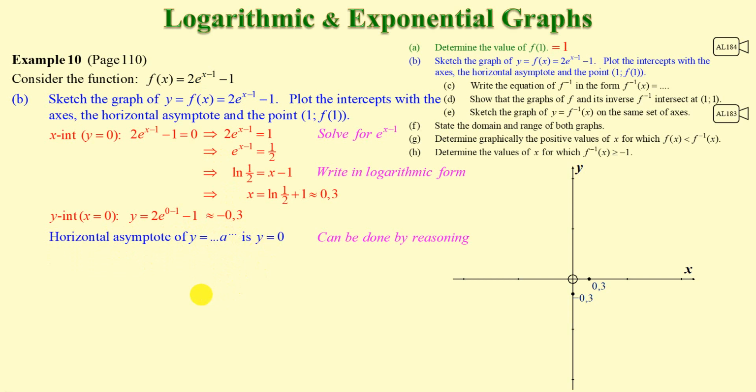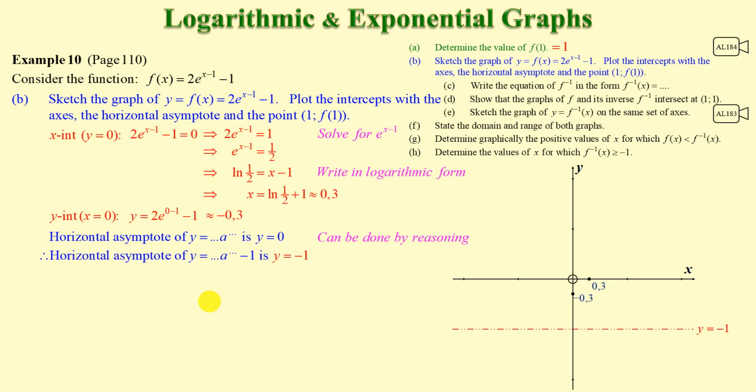So now, if we subtract the 1, there's the minus 1, that moves the graph down 1. So that's what we're going to do. So instead of y equals 0, we're going to have y equals minus 1. So there it is.